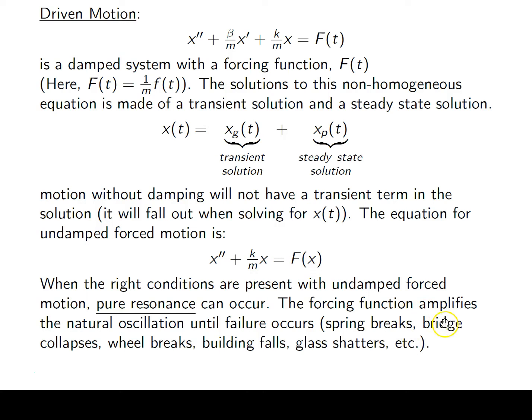Maybe I'll put a link to that, but you can YouTube that. It's the Tacoma Bridge failure. Basically what happens is that the bridge started vibrating due to wind, and there are no dampeners in place, so it just kind of oscillated out of control until the bridge broke.